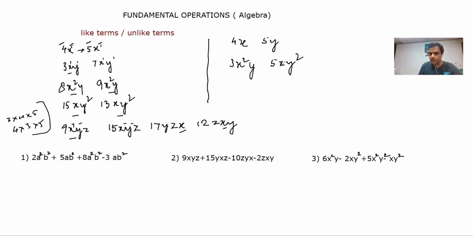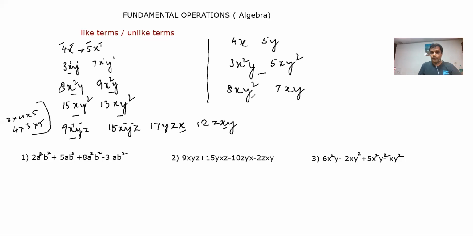X has a power 2, x has a power 1. Y has a power 1, y has a power 2. So these are two unlike. Similarly, I can say 8x y square and anything 7xy. I can make out these are unlike terms, isn't it? See the powers? Very different.